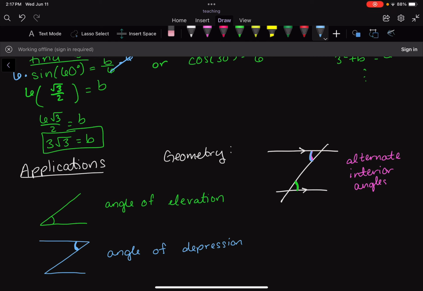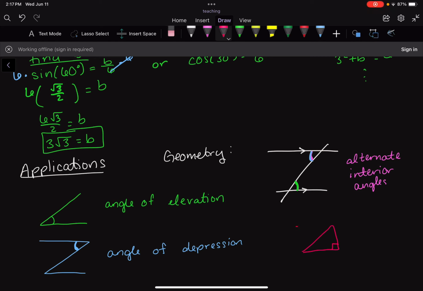Something really important to know about the angle of depression, and the angle of elevation, is they always need to be touching the horizontal. So for instance, sometimes it's a word problem describing a right triangle and they say angle of depression, and students will put it up here. This is incorrect because it's not touching the horizontal.